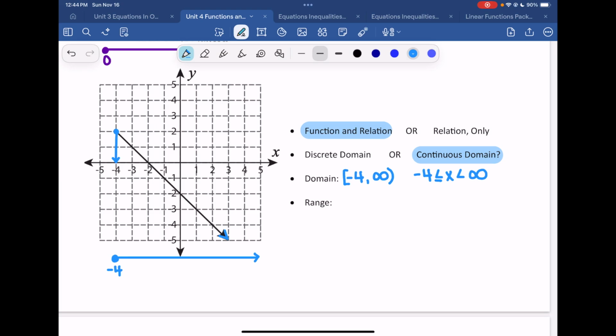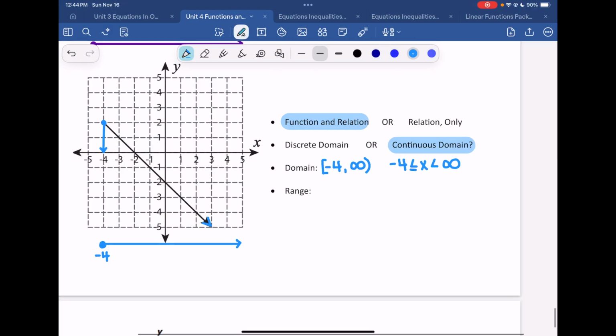Okay, or quite simply, we can just say that the x is greater than or equal to -4, just like we did when we were writing the inequality based on a number line. So it's just x is greater than or equal to -4. Okay, this is one that you might need to look at again. Okay, this is definitely a little bit harder.